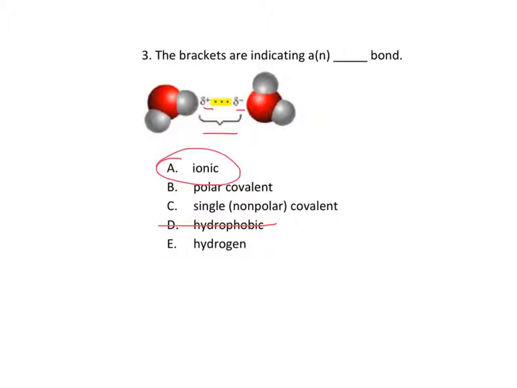Whereas our polar covalent, single nonpolar covalent, and hydrogen bonds are bonds where the valence electrons are shared, whether equally or unequally. Our ionic bond pretty much rips the electrons away from one and gives them to the other. So our answer is A.